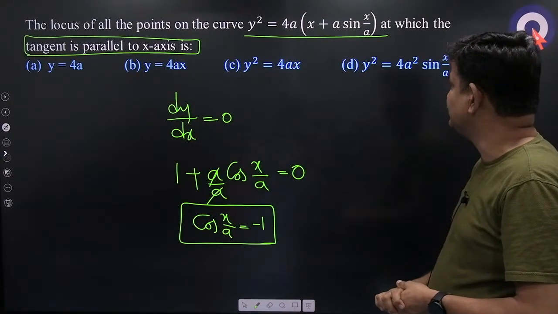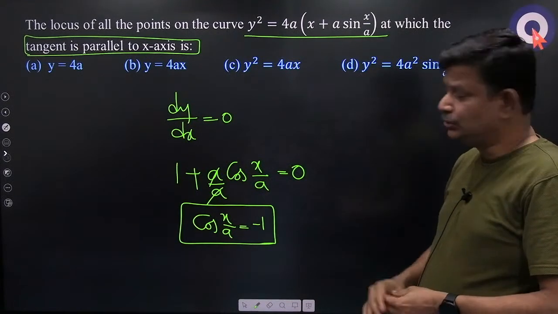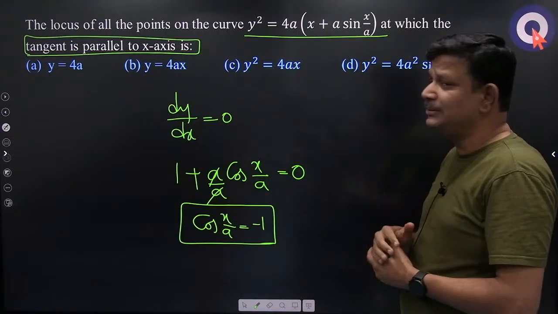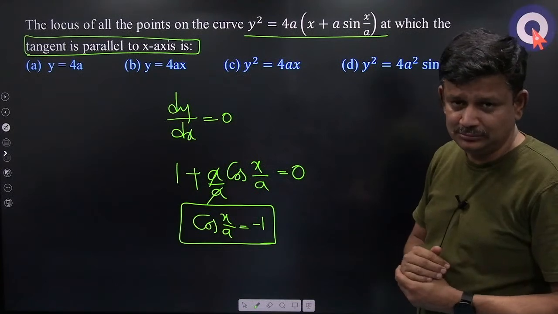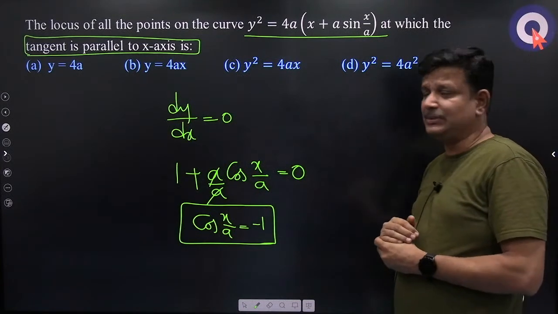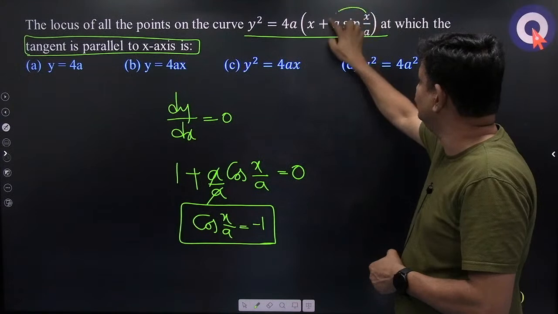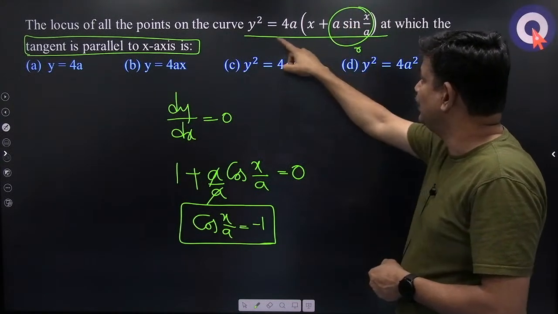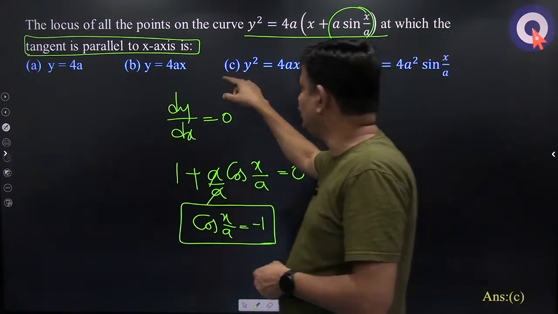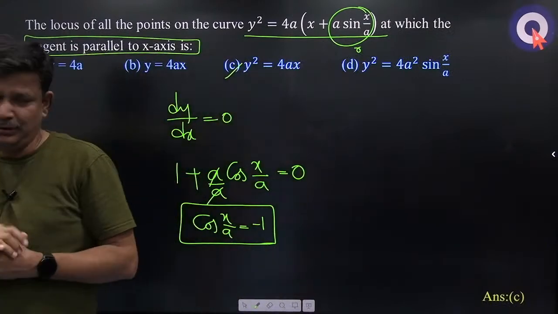The options are in terms of y. So if cos of x by a is minus 1, what will be sin of x by a? It is 0. So the quantity is y square.